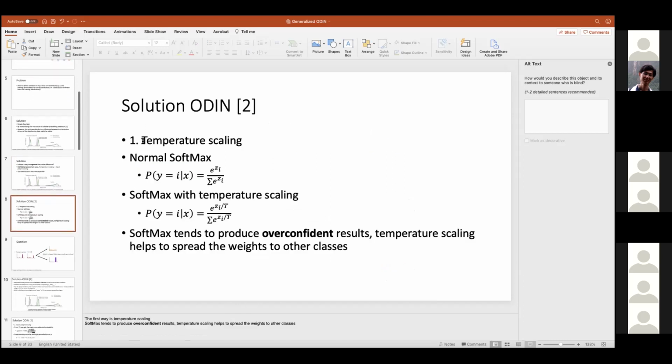The first solution is called temperature scaling. It is applied on the softmax. For normal softmax, this is the formula. After we add a temperature scaling, this is the softmax with temperature scaling. Because softmax is known to produce overconfident results, temperature scaling has the effect of spreading the weights to other classes.